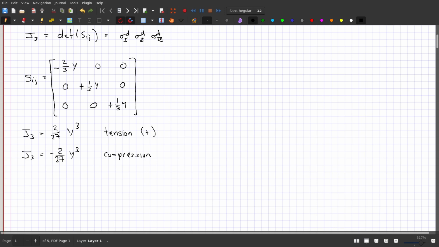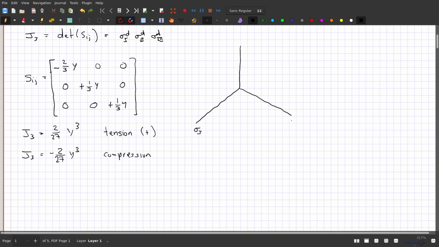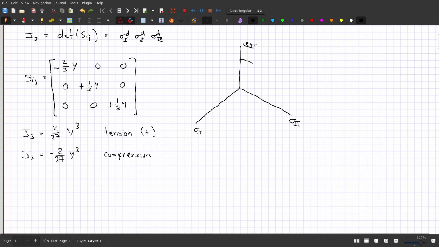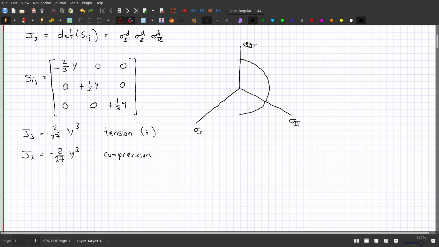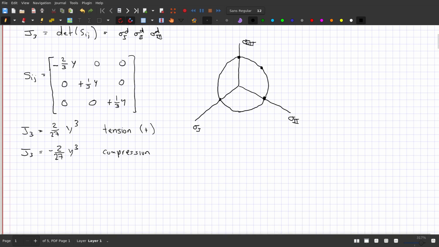So this Tresca criteria, if you look down the hydrostat, as we've looked at a lot of these yield criteria, sigma 1, sigma 2, sigma 3. So before we have that, the von Mises yield criteria is a circle. Then the Tresca criteria basically overlaps in some places with this circle.